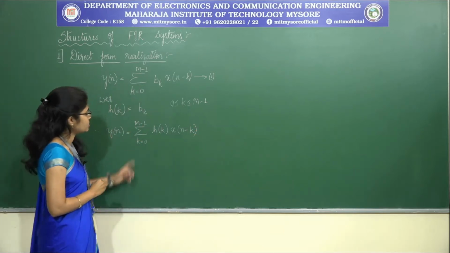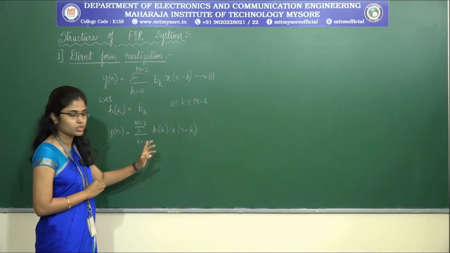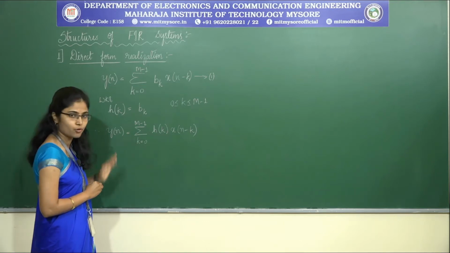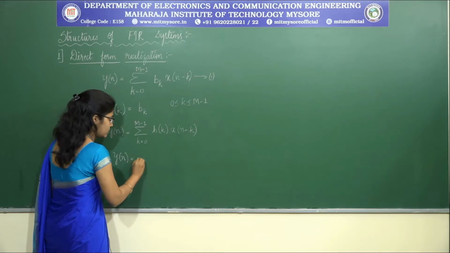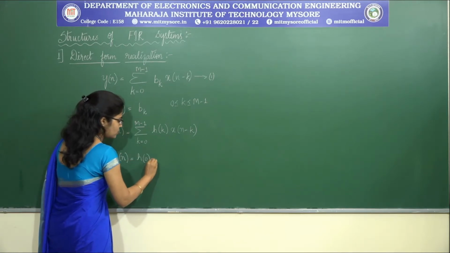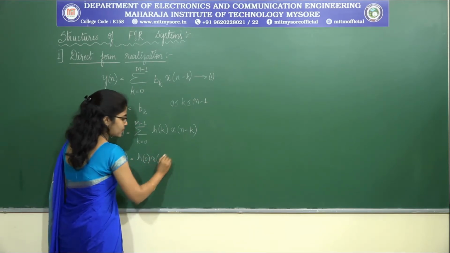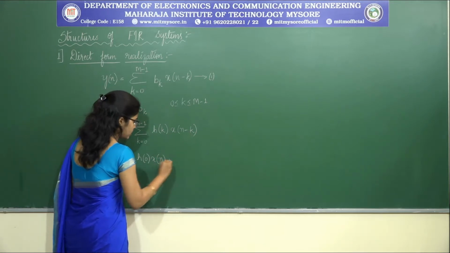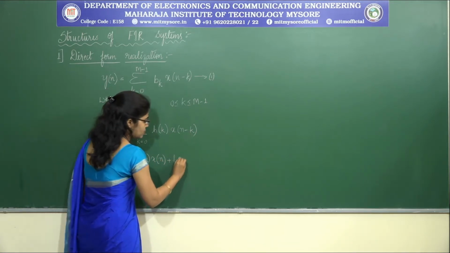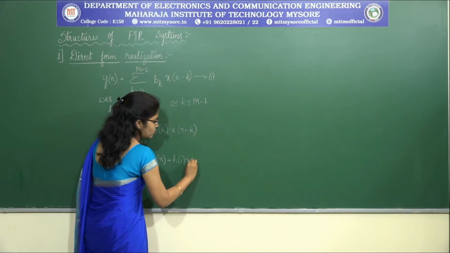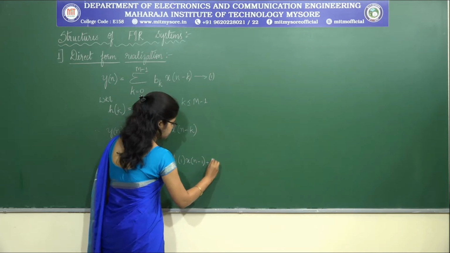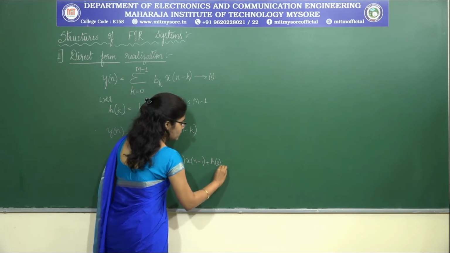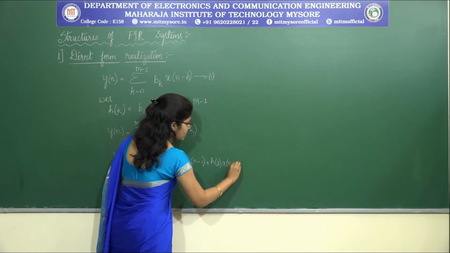Okay. Now let us expand the summation and see what is the equation for y of n. If I expand, y of n will be equal to h of 0 into x of n minus 0, which is x of n only, plus h of 1 into x of n minus 1 plus h of 2 into x of n minus 2.